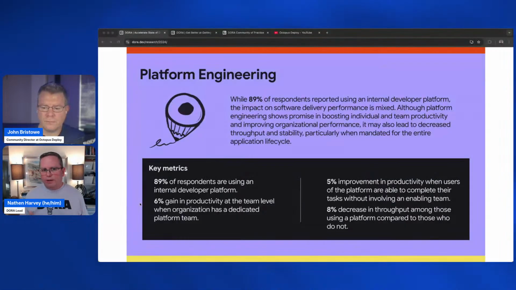This was a little bit of a surprise, but we have a bunch of hypotheses around why that might be. One comes down to why you are investing in a platform in the first place. It might not be to improve overall speed and stability of software changes. It might instead be a goal to improve overall consistency across different applications within your organization.